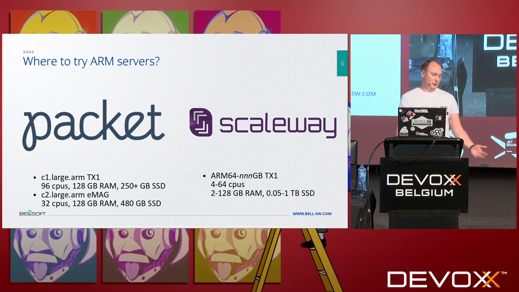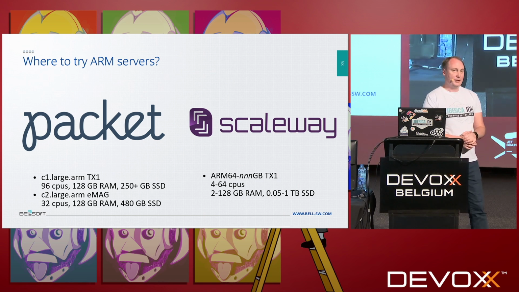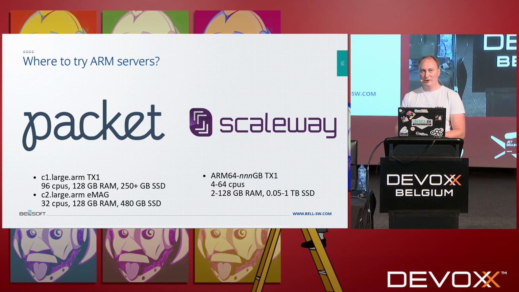And you get access to a bare metal machine, no strange effects of virtualization, things like that, and it's really powerful. Or you can get a virtual instance if you're fine with it, which is way, way cheaper, on the Scaleway. Different sizes of RAM and different SSD options.